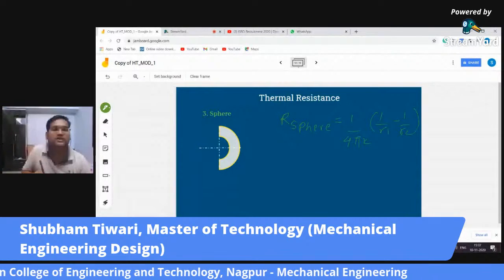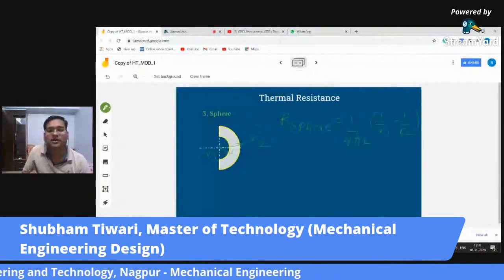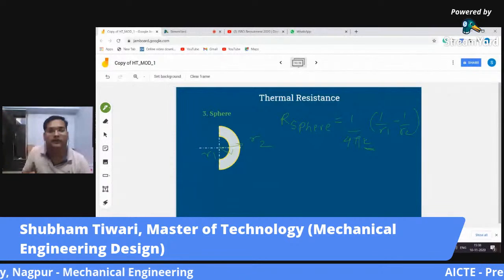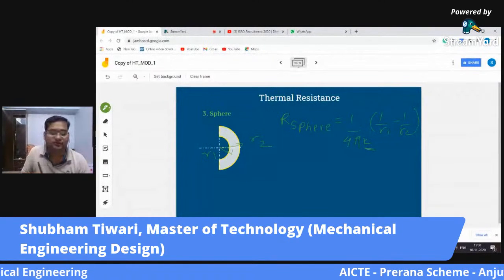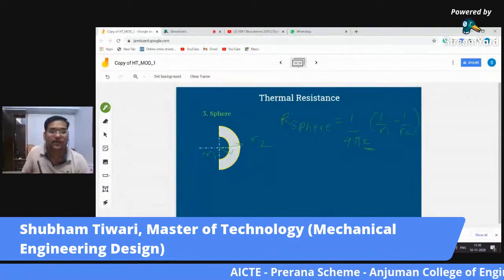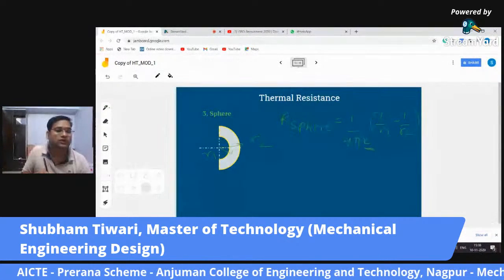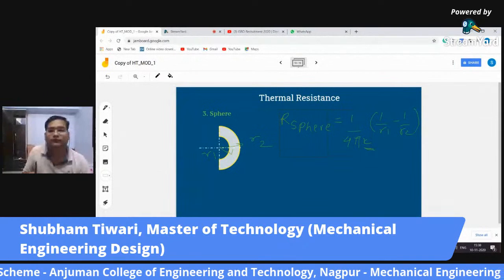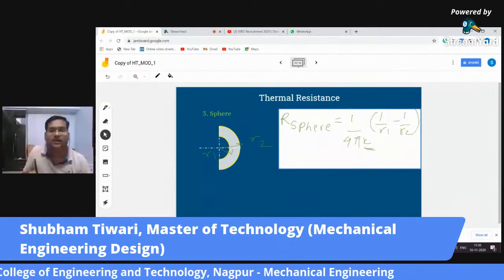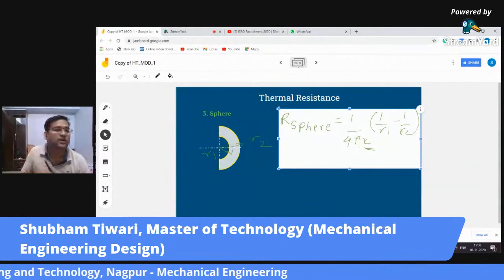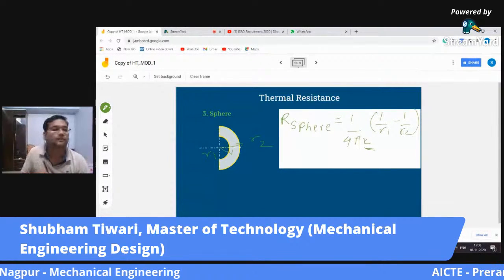Here R1 is the inner radius, K is the thermal conductivity again, and 4 pi is just a constant. So this is the value of thermal resistance for a spherical shell.